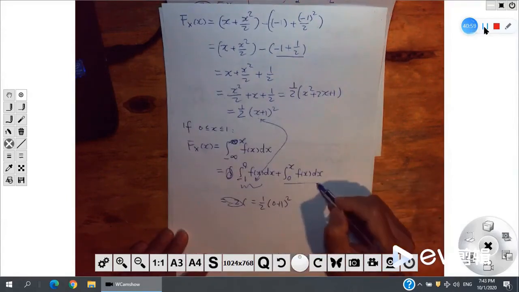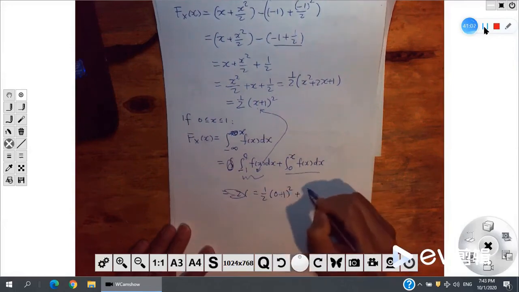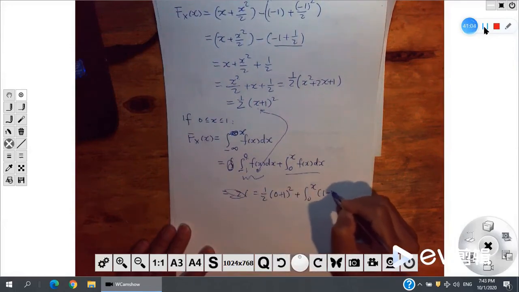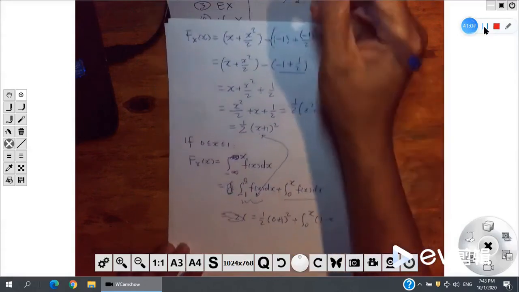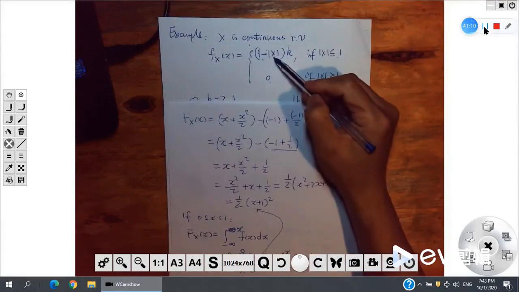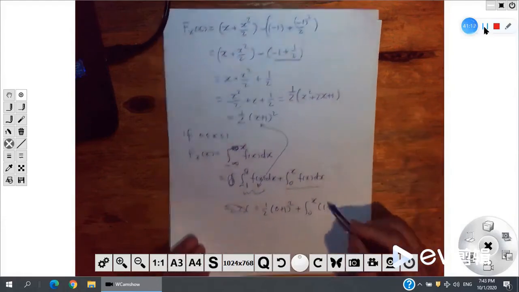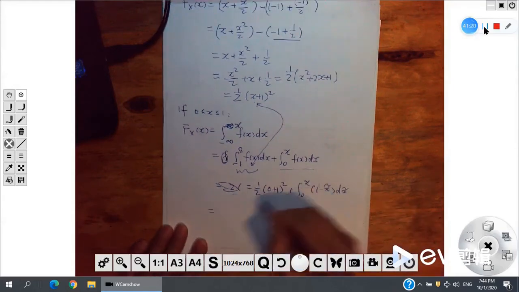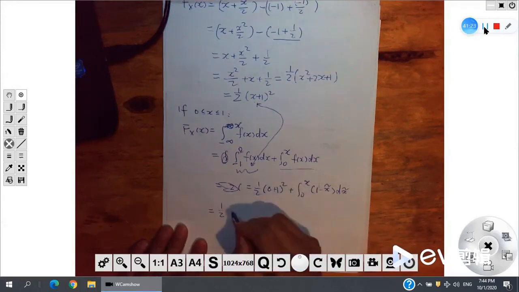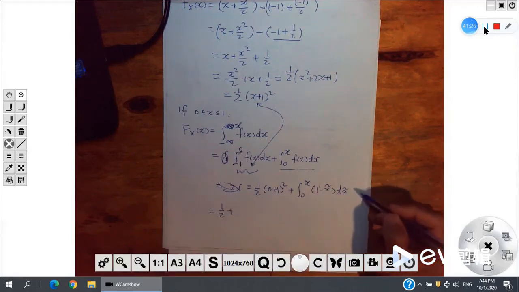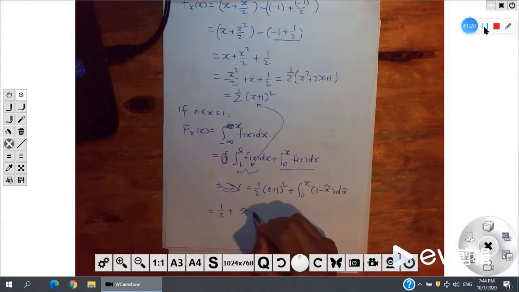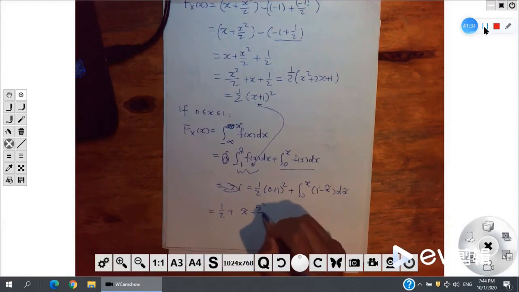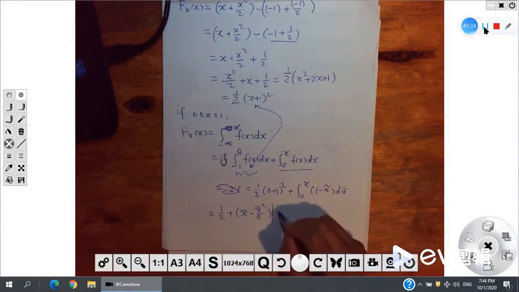And this part will be from 0 to x. Here's 1 minus absolute value of x, but now it's just x, positive x. So this is dx tilde. I use tilde since these two are different, right? So it is 1/2 plus this part, which is x tilde minus x tilde squared over 2, and x tilde runs from 0 to x.